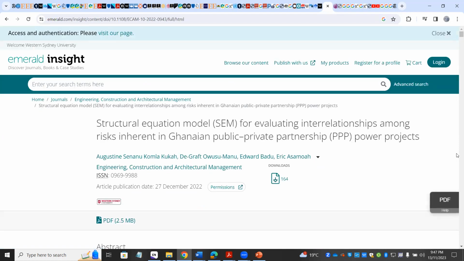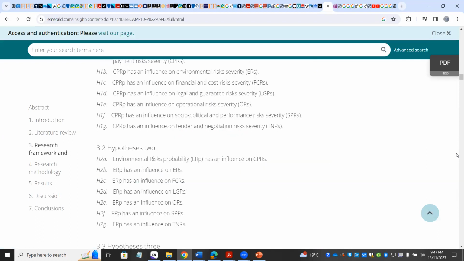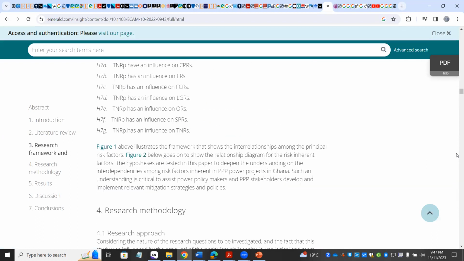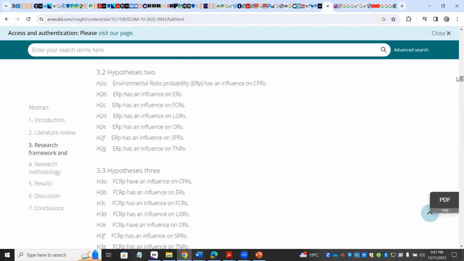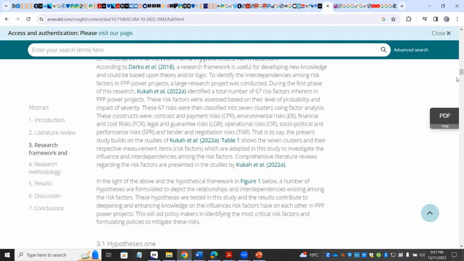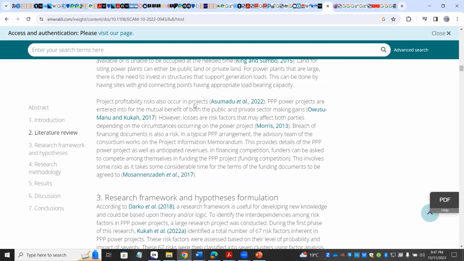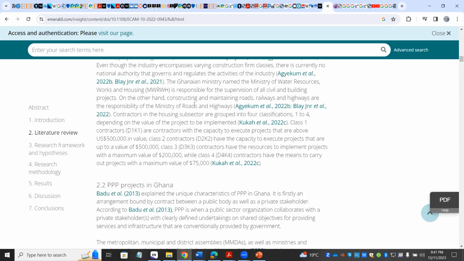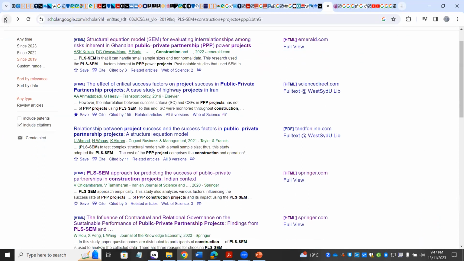Let's see whether Dr. Kuka did hypothesis development. Okay, so here the hypotheses were rather summarized. This was not really explained. The explanation is just something small. That's good, but this is not a detailed hypothesis development. Yeah, that's fine.